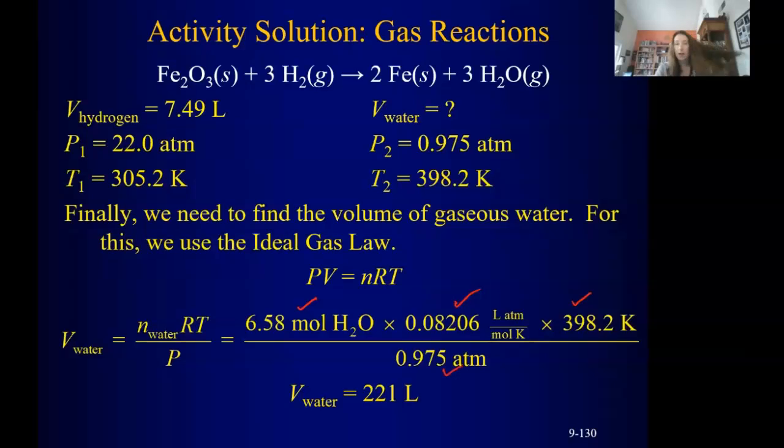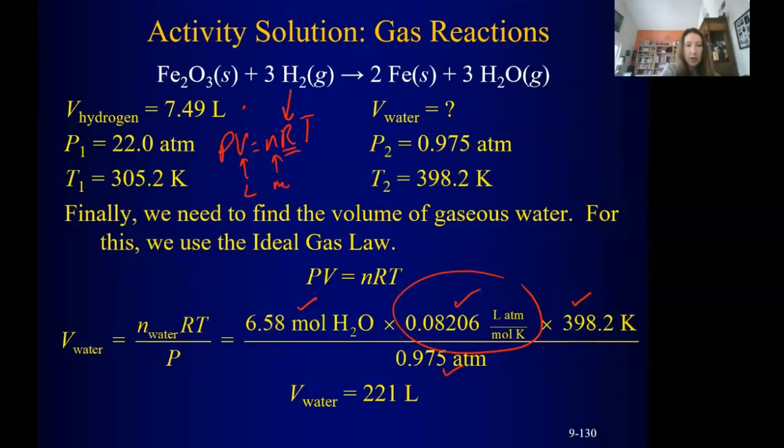Okay, so things to remember. If you use PV equals nRT, this R is always the same. The units of it are liters, atmospheres, moles, and K, which means that your units need to be in, this has to be in liters.